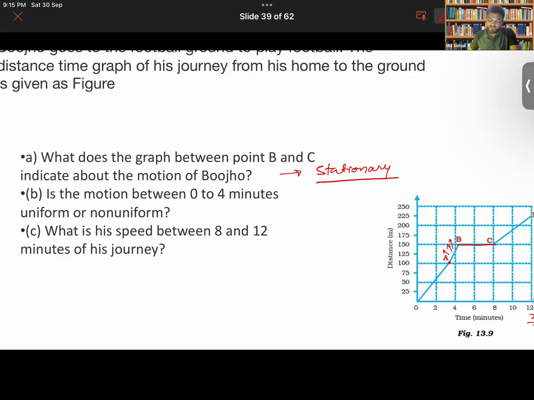It's not continuous. Just before the 4 minute, the body has increased its speed slightly. From here to here the speed has been constant, but here the speed has increased a little bit.